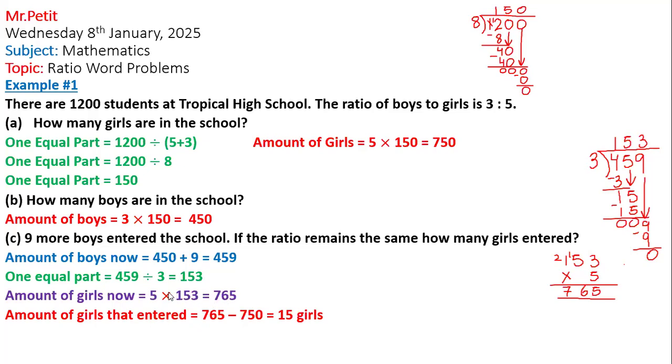Good. The reason why we multiply it by 5 is because the ratio of girls is 5. And then the amount of girls that entered, we subtract 765 by 750, which gives you 15 girls.